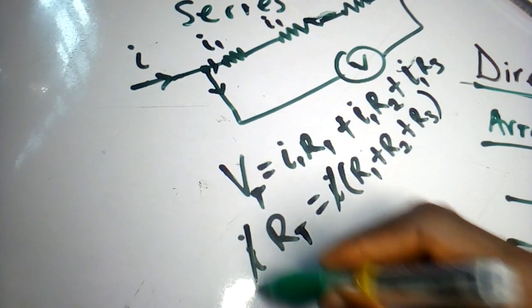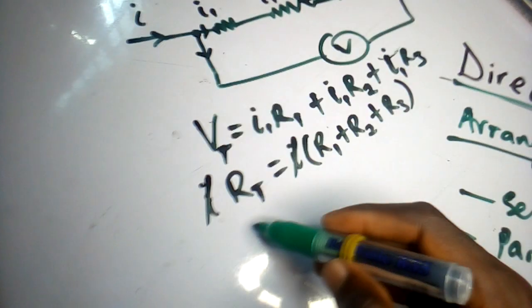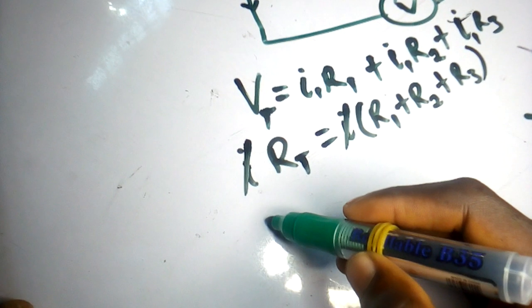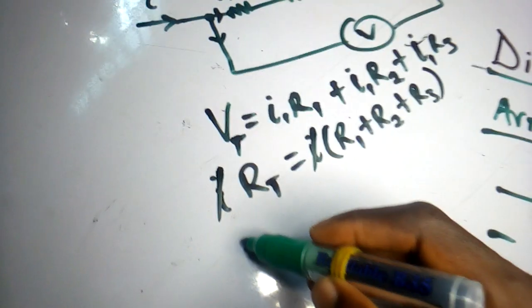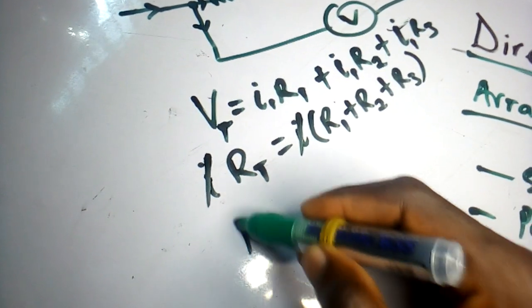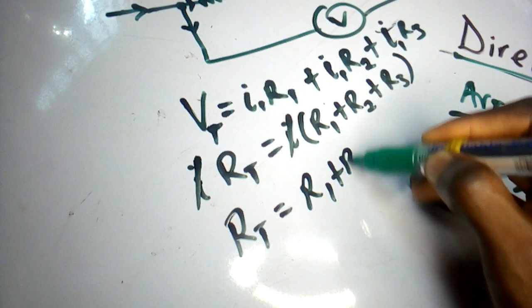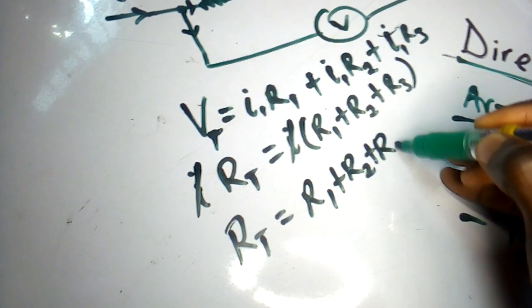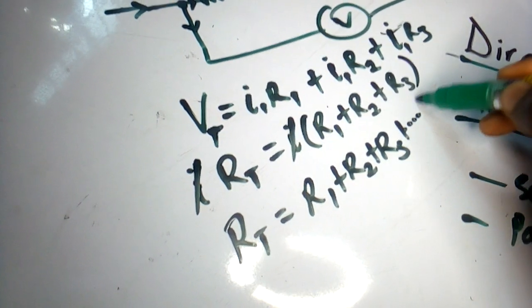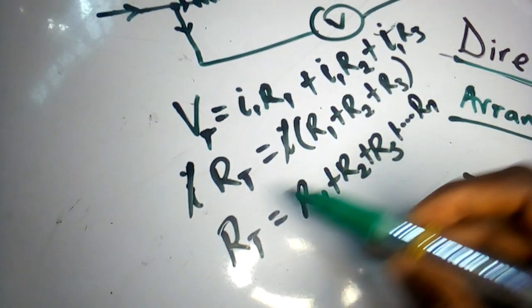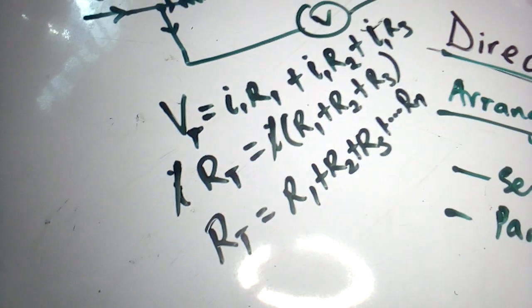If this cancels this, the total resistance in the circuit will just be the addition of all the resistances that are arranged in series. So we have total R equals R1 plus R2 plus R3 plus Rn, if more than three are connected in series.